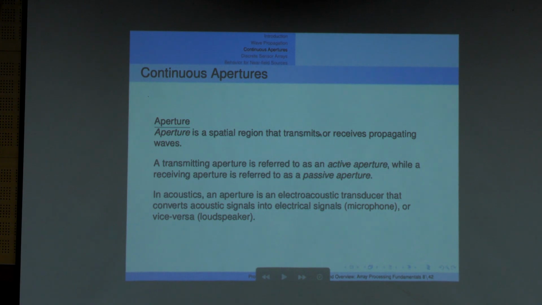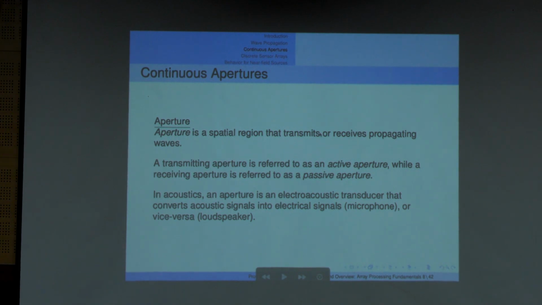A loudspeaker can be considered a transmitting aperture. It receives an electric signal and transforms it into an acoustic wave. And a receiving aperture, a receiver, is the opposite. It receives an acoustic wave or a superposition of acoustic waves, it doesn't really matter, and whatever it receives, it translates into an electrical signal, which we can measure.